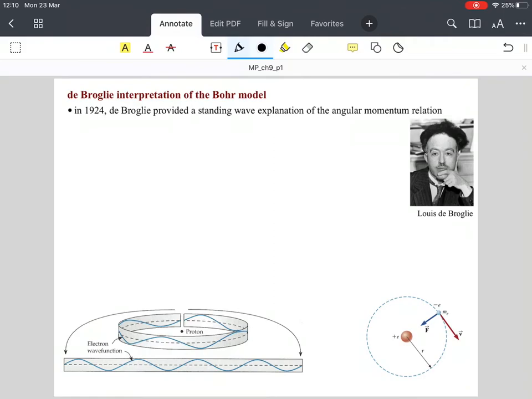So what he did was he thought about this wave function and the idea that if it is describing this electron in a circular orbit, then you need a boundary condition where at one fixed point this wave function is continuous.